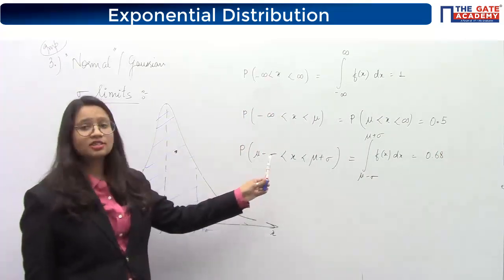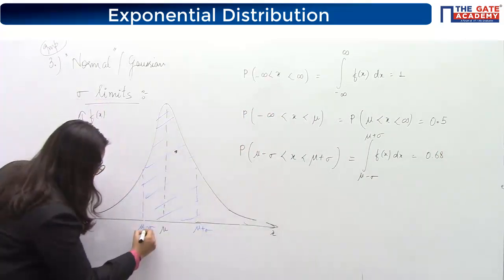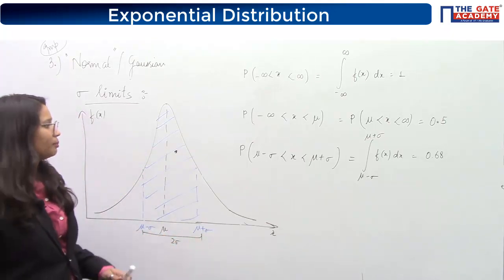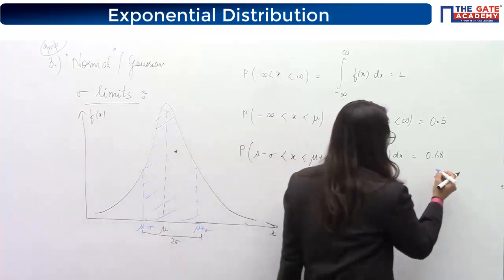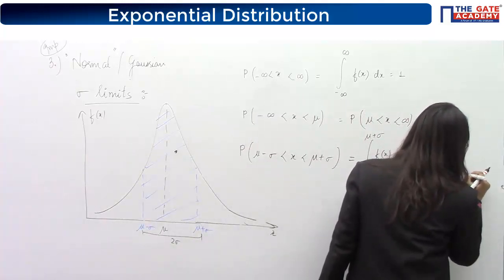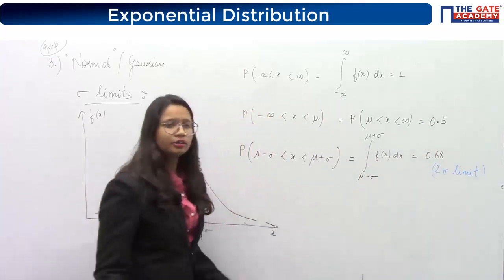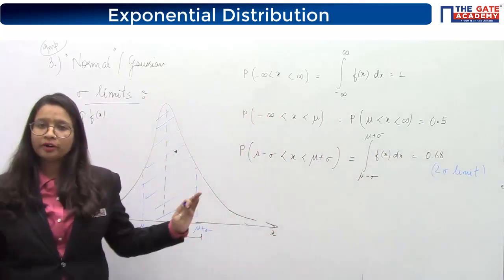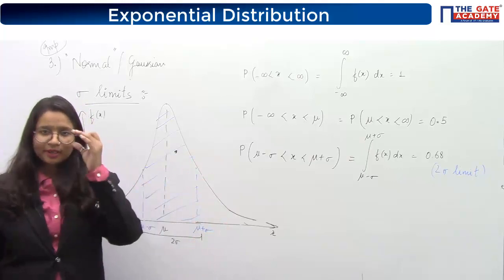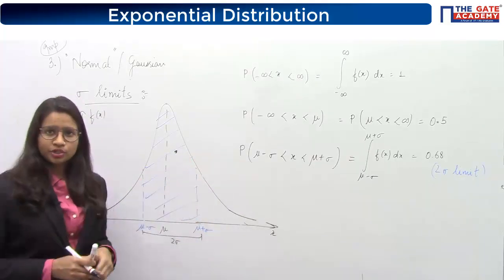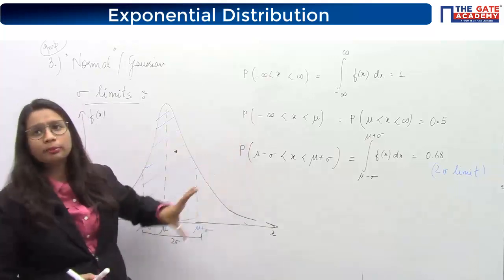This is known as the 2 sigma limit, because this distance is equal to 2 sigma. How did we find it? Through research. What do you have to do about this? You have to remember this, because the questions are asked from this only. Maximum questions from this topic are asked from the sigma limit concept.